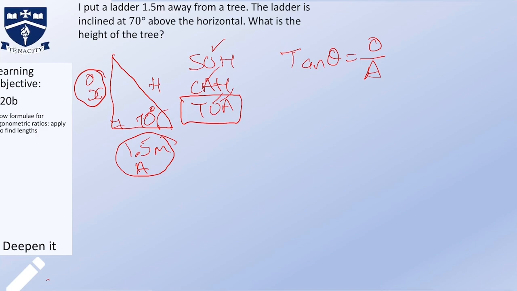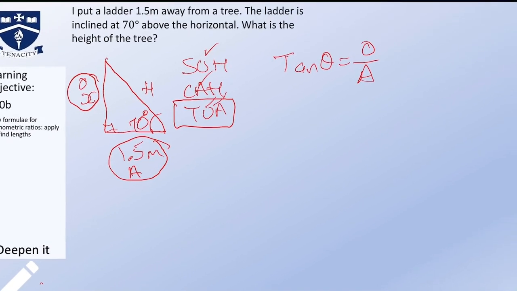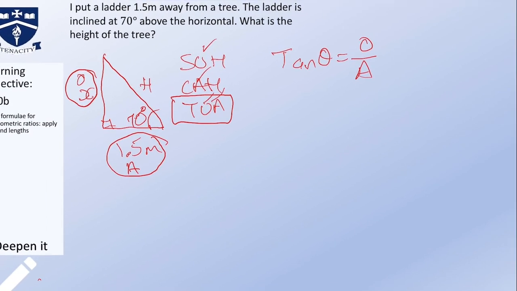So I'm going to write down tan of my angle is going to equal opposite over adjacent. Now, I need to put the numbers in my question. So, tan of 70 is equal to my opposite, which is x, and my adjacent, which is 1.5. Now, rearranging, undoing it, divide by 1.5, times by 1.5, just like we were doing yesterday.